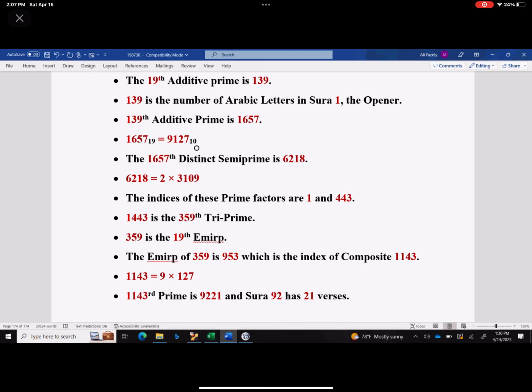The numbers are there. The generator is there. That's why God calls it Lawhul Mahfuz, the protected tablet. Is it some kind of archaeological piece? No. It doesn't go away. It's there all the time for you to inspect, not because somebody else told you. You can verify it for yourself. I'm going to stop here and we'll finish off.